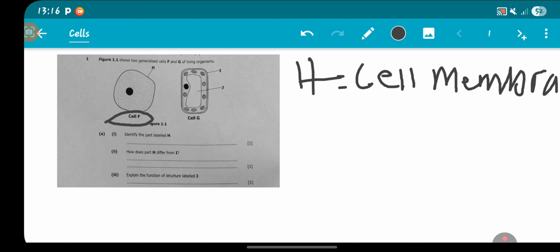And then Roman numeral number 2 is saying, how does part H differ from I? As we said, H is just a cell membrane.